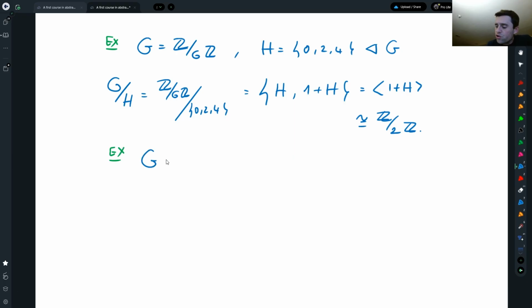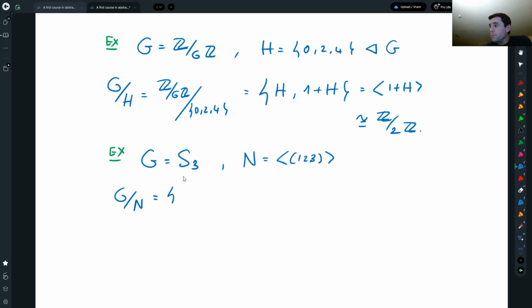Let's now switch to a non-abelian case. G is S3. My normal subgroup is going to be N, the subgroup generated by the element (1 2 3). Remember that there are subgroups that are not normal, so I cannot do a quotient, but this one we proved is normal. So what is G modulo N in this case?